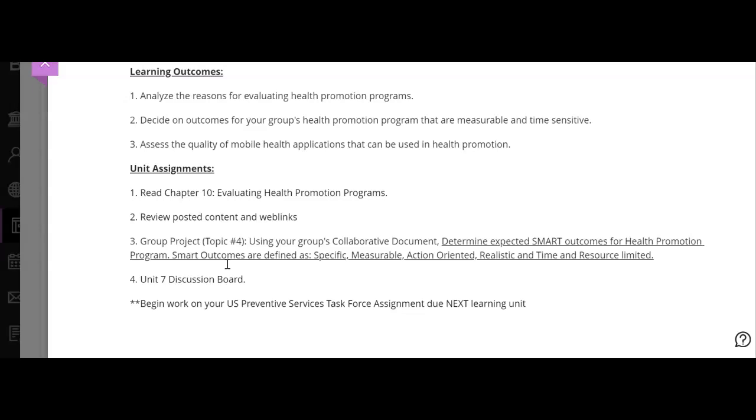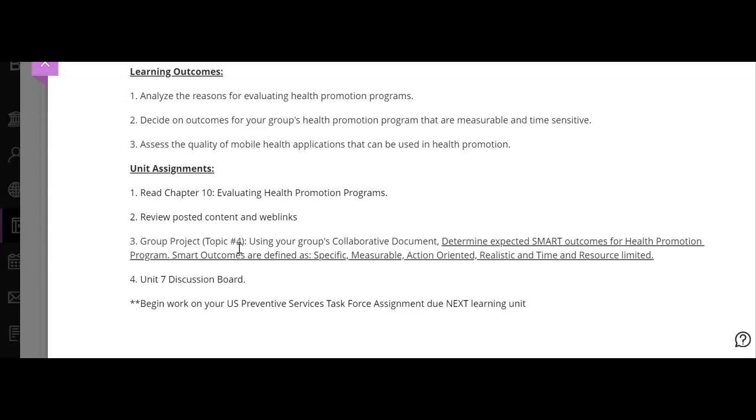But in the original syllabus, it had us doing our collaborative document not this week, as far as topic 4, but next week. And it had us doing our midterm assignment this week. I have changed them around because the midterm assignment will be due in learning unit number 8, so next learning unit. I will explain to you what that is in this learning unit number 7.